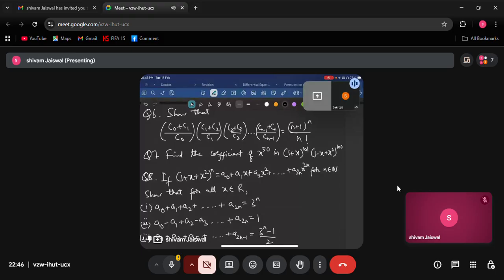Solve quickly. 14, 15. Should I start with 14? This is 14, 15, 16. Part 1, part 2, part 3.